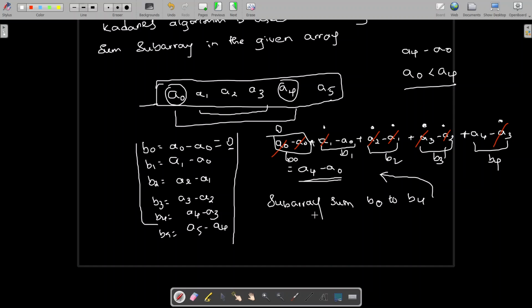In that way, while computing the sums, we will be maintaining the maximum profit. If the sum is becoming negative, there will be some cases, right? Like a0 is greater than a4. When this case occurs, the sum will become negative.